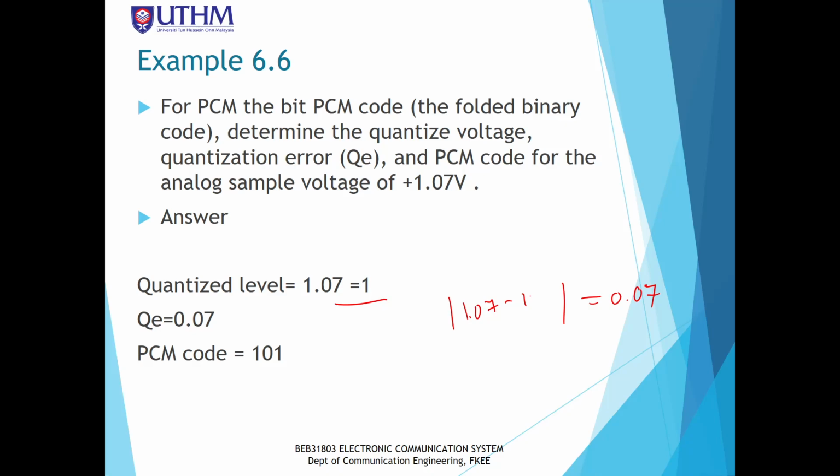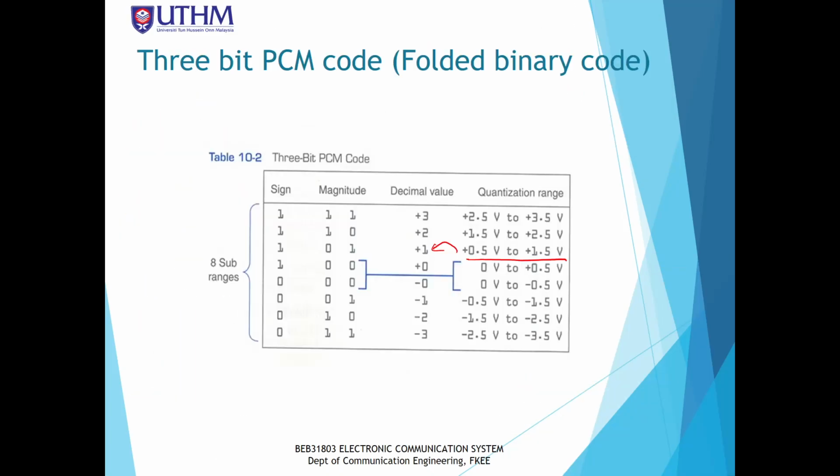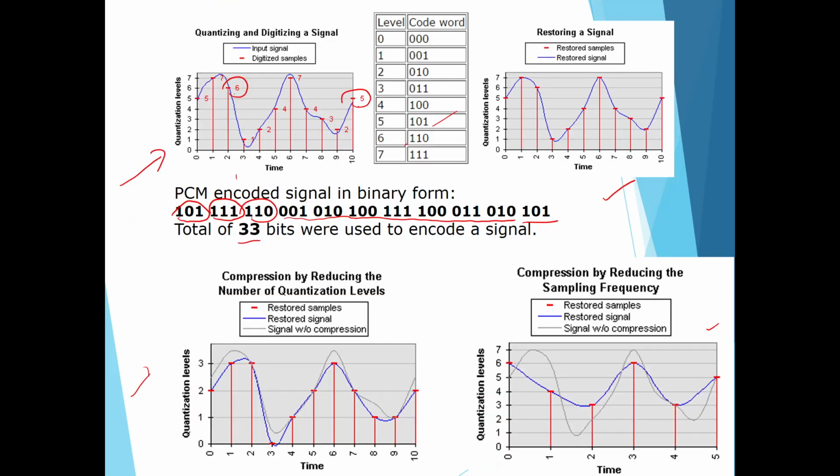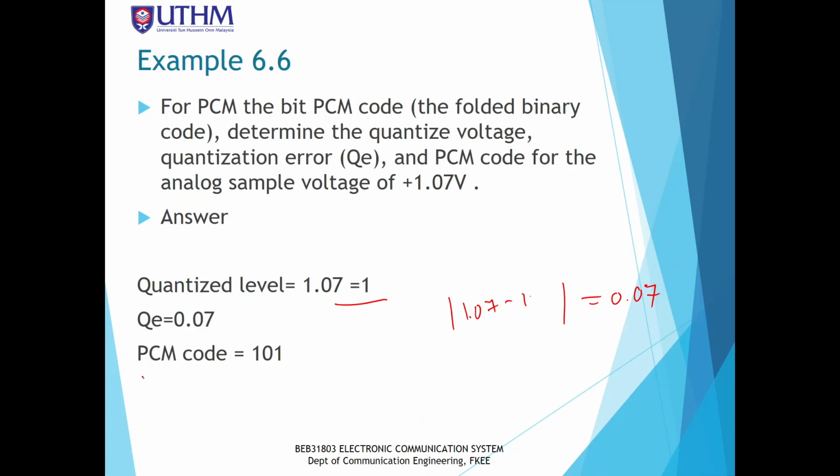And quantized level 1 is represented by code number 101. So quantized level 1 volt is represented by code number 101.